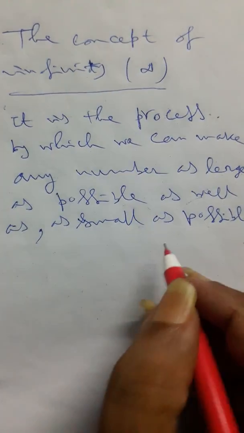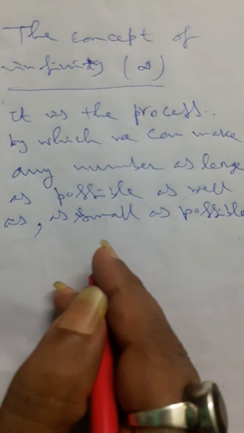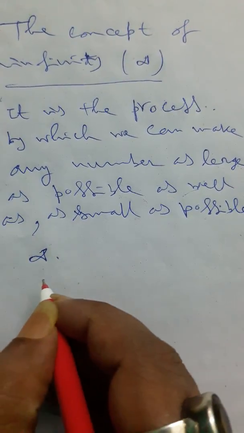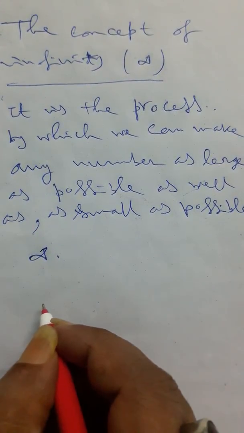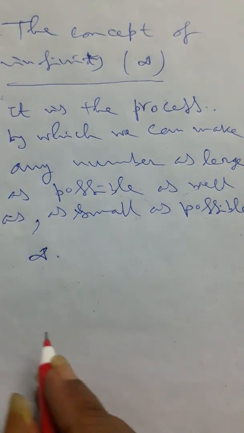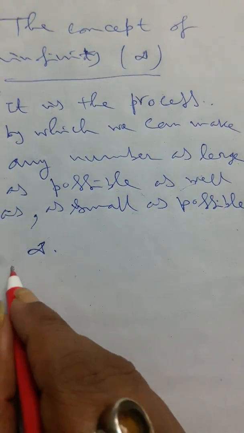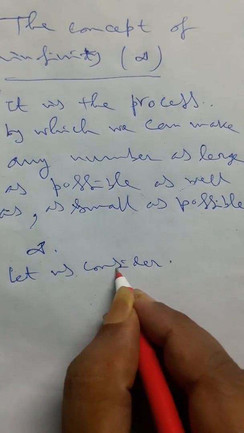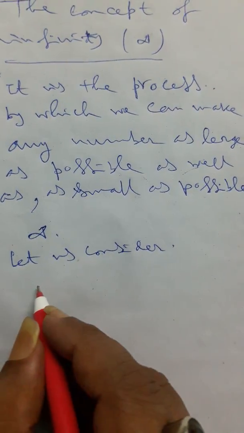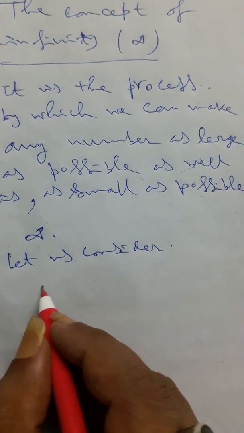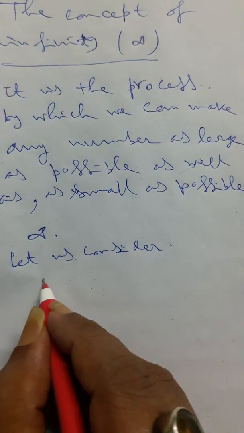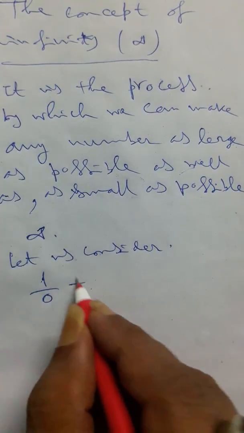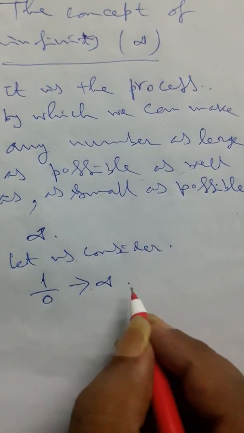Now let us see, and we know already this, it is symbolically written in the sign like this. Suppose, let us consider by an example. One by 0 that will be given tends to infinity.